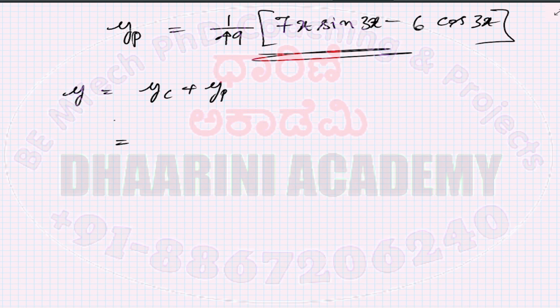So substituting from the yc and yp we obtained so far, this is c1 into cos 4x plus c2 into sin 4x plus 1 over 49 times, we copy this from the yp value we obtained just now.